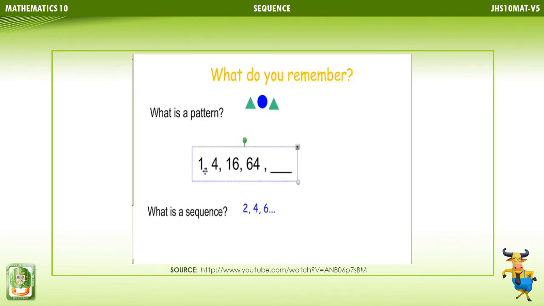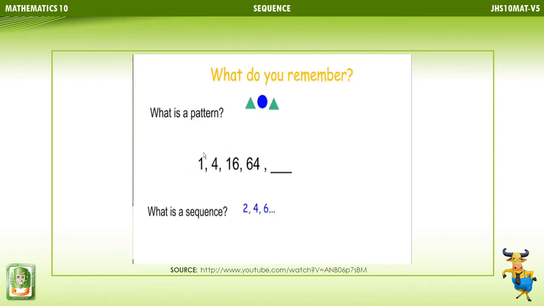This is where your calculator can be helpful. I'm going from 1 up to 4. I could be adding 3, but if I do 4 and add 3, I'm not going to get 16. So I don't think I'm adding.